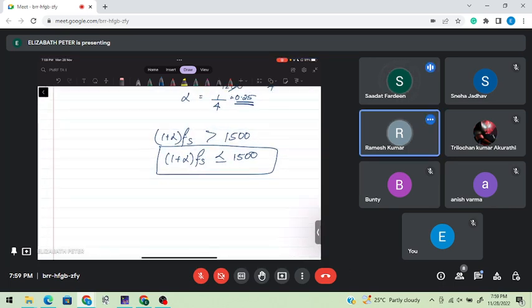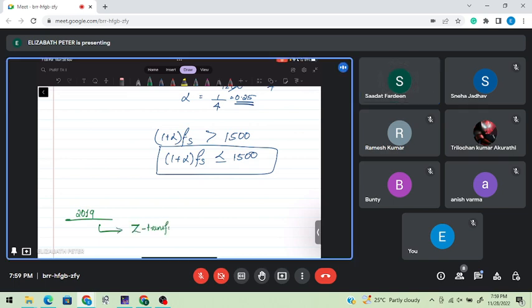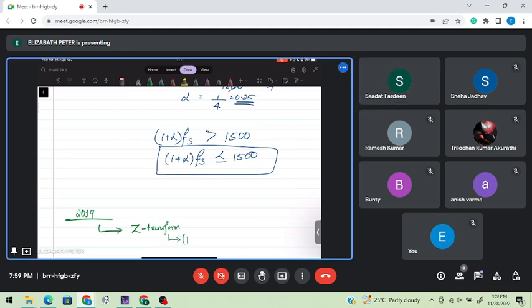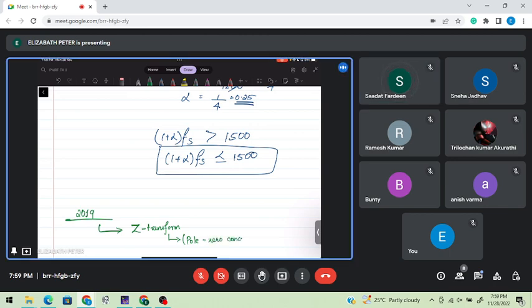In the 2019 IIT Madras paper, there was a question on Z transform related to pole-zero concept, which is having a pole inside. Have you already solved it? No, but I have seen the question.